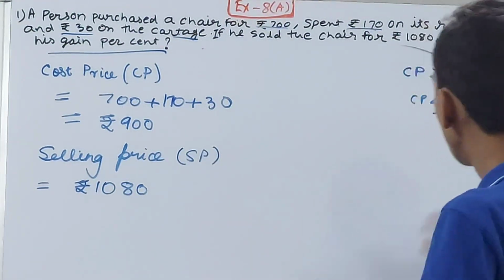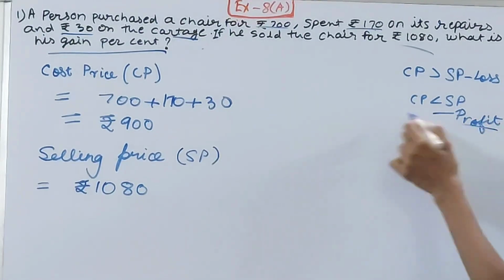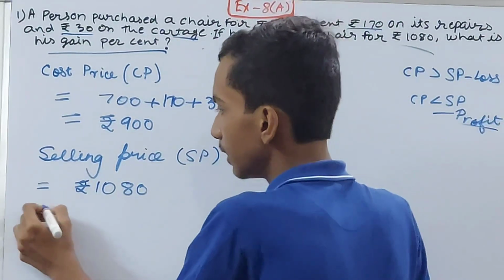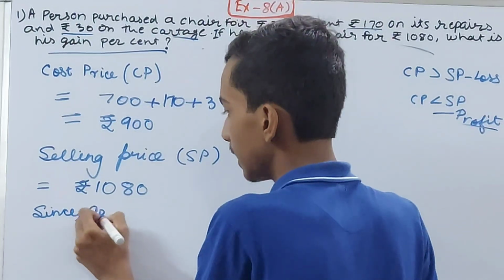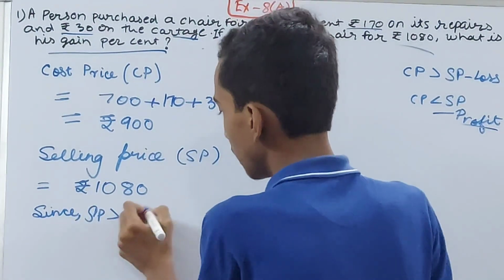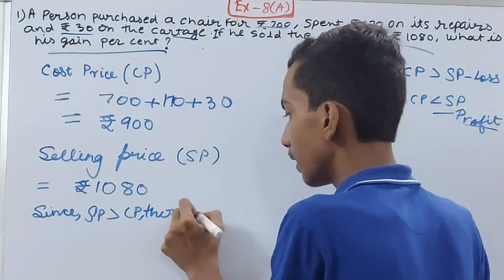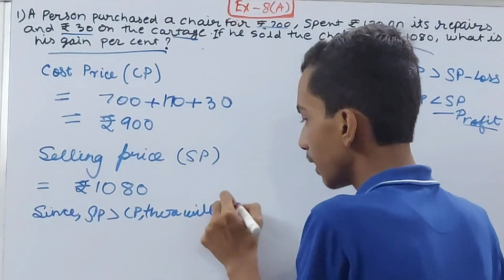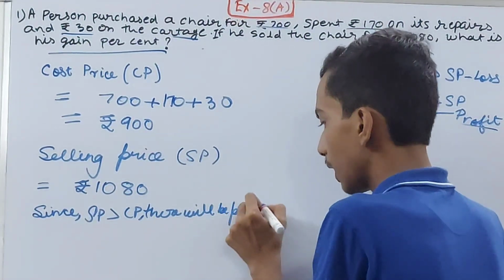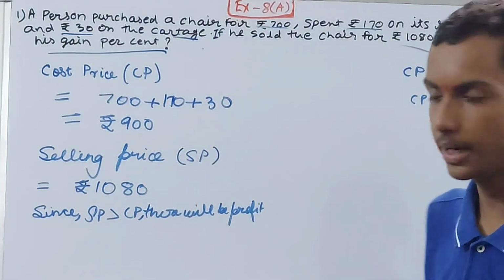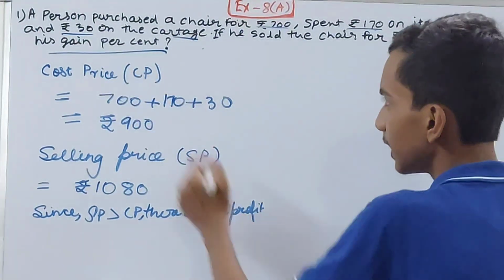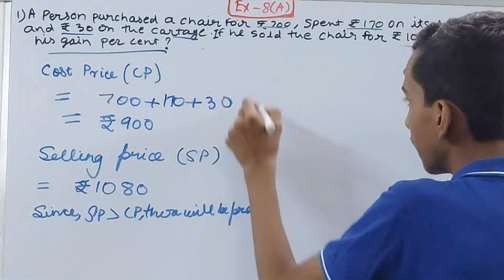Selling price. So when selling price is greater than cost price, there will be profit. Profit and gain are the same thing, so you will find both words, and both mean the same thing.